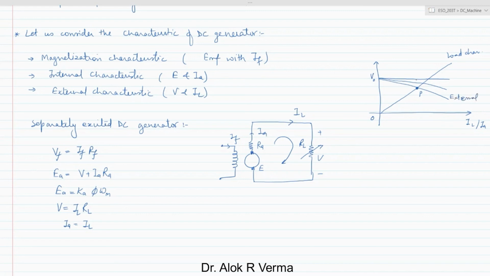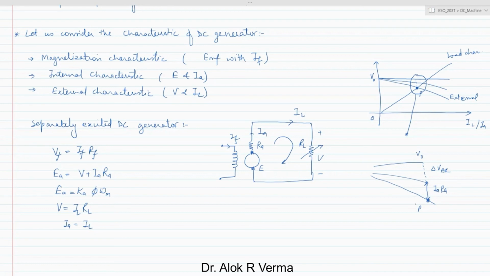If you zoom into this portion, one line is here, one is here, and one is here. So this portion from V0 is the zoomed portion: delta V is the drop due to armature reaction, and then we have this point P, IA into RA.